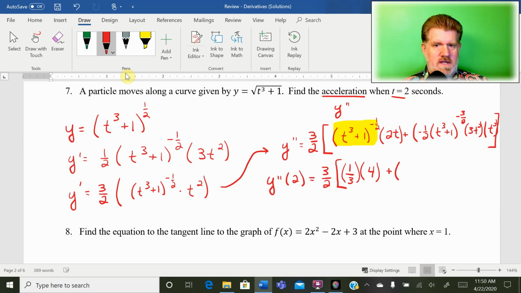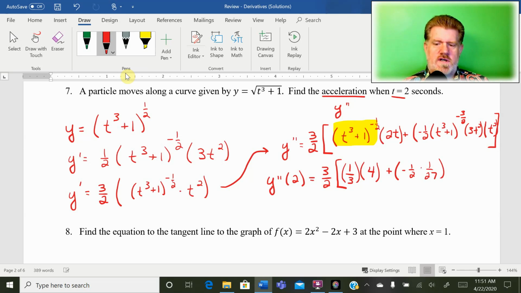The negative makes it 1/27. So this is negative 1/2, and t cubed plus 1 to the negative 3/2 becomes 1/27. If you're not sure, put it in your calculator. The nice thing is you get to use your calculator for the test.